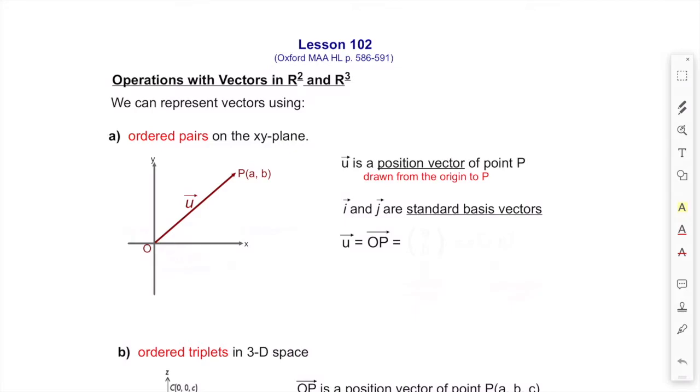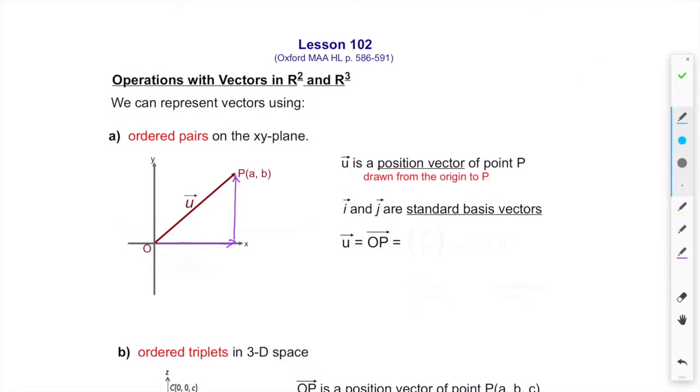In other words, we can say that this particular vector u has an x component that has a length of a, and then a y component that has a length of b.